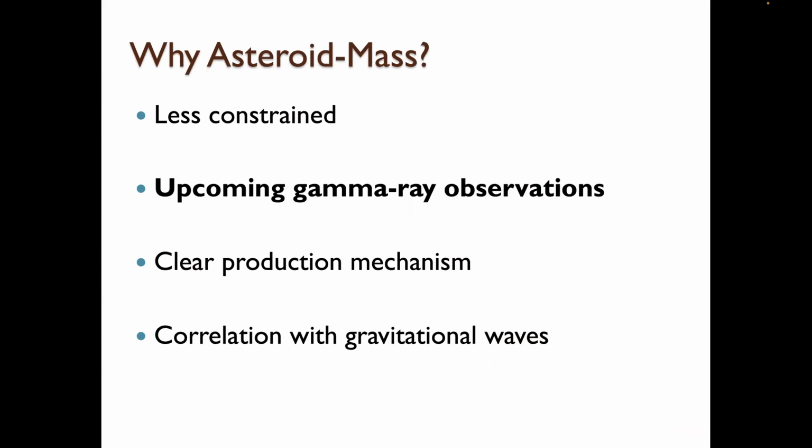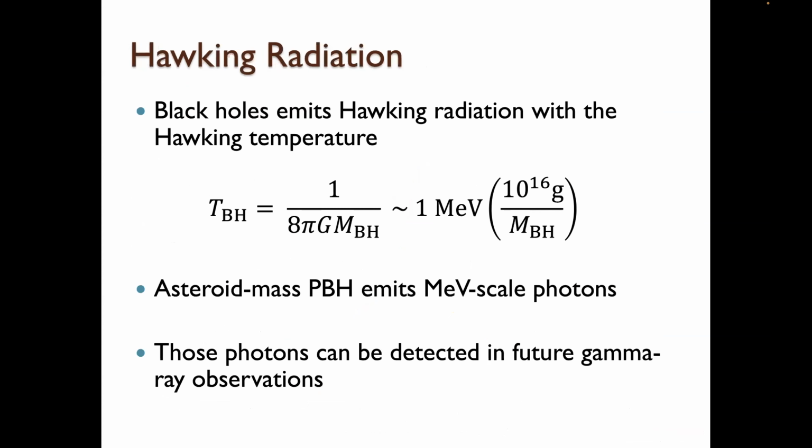Okay. Then the second reason is that there are upcoming gamma ray observations. Of course, we know that black holes emit Hawking radiation with a Hawking temperature which is inversely proportional to the black hole mass. So a small black hole mass means a larger Hawking temperature, and so the black hole emits more energetic and a larger number of particles.